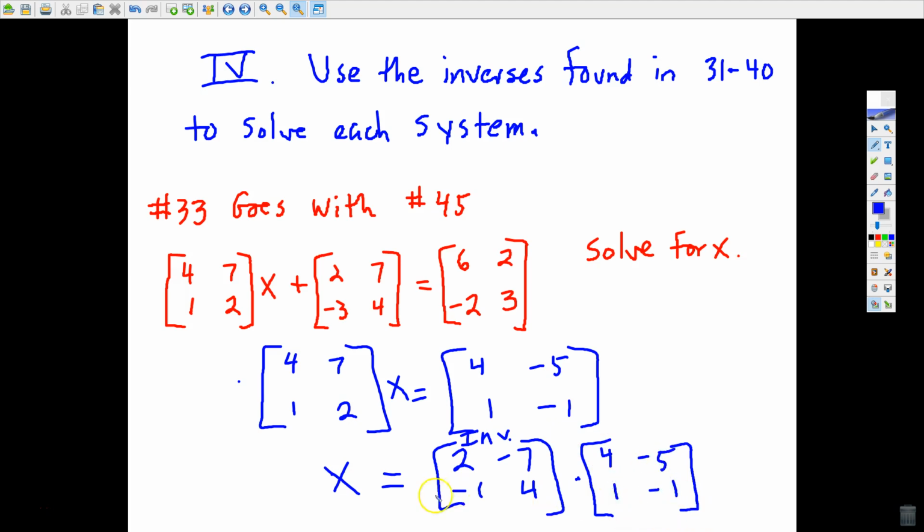Okay, I'm going to give you just a minute. Now that you know how to do matrix multiplication, multiply these two matrices together.